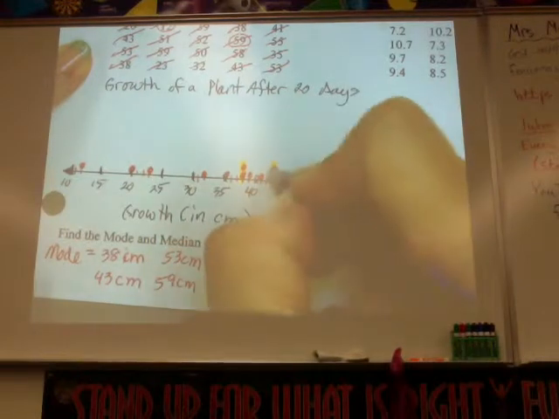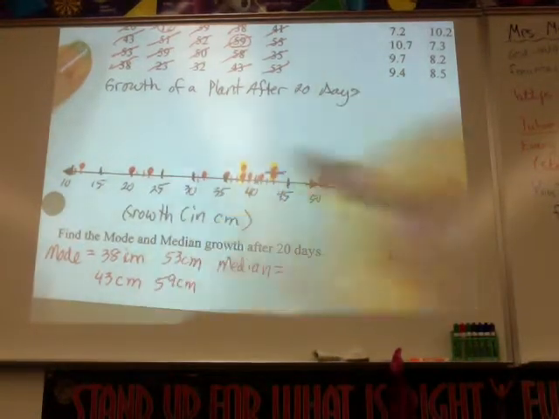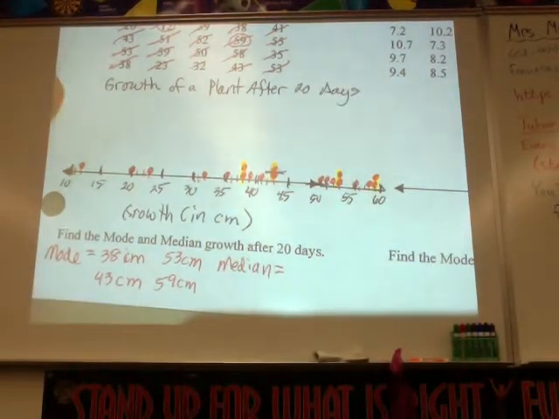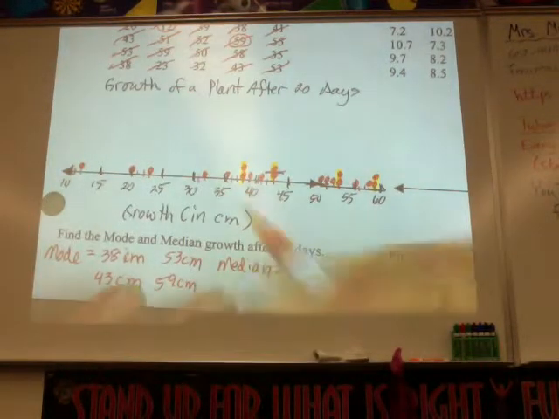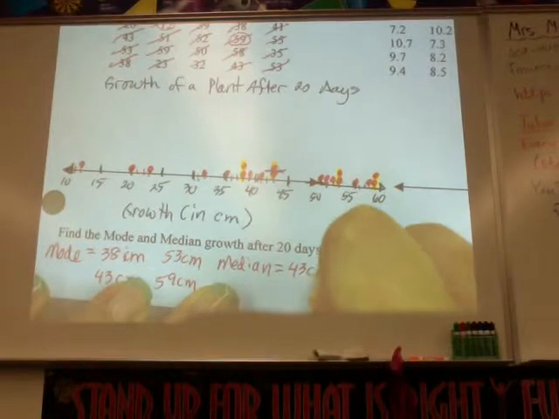The 10 occurs in here, doesn't it? Between those 2 dots. Well, if they're the same dot, do we have to average it? Because that's 43 and 43. If you add 43 to 43 and divide it by 2, won't you get 43? There is no number in between 2 43s, so the median is 43. So 43 centimeters.